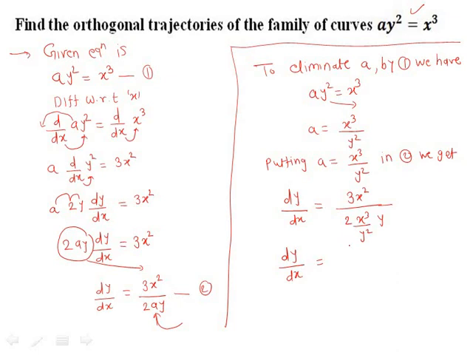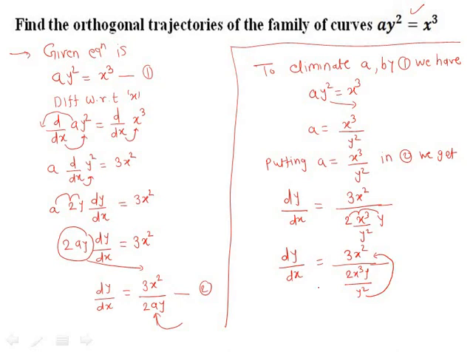So this denominator will become like this. I will just multiply this term first. This 2 into x cube into y is 2x cube y upon y square. Now in the next step, this y square will go in the numerator.